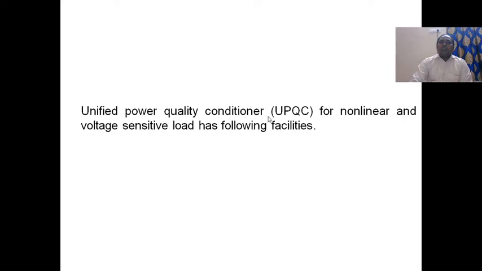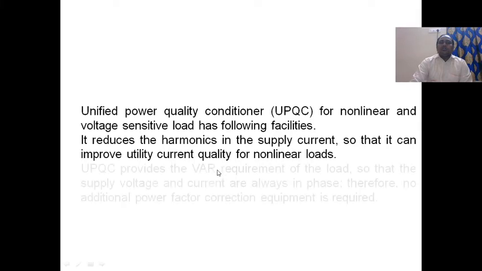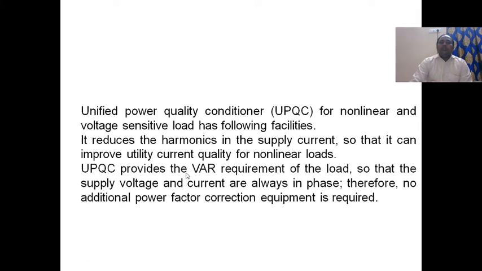The unified power quality conditioner for non-linear and voltage sensitive loads has the following facilities. It reduces the harmonics in the supply current so that it can improve utility current quality for non-linear loads. UPQC provides the VAR, volt-ampere reactive, requirement of the load, so that the supply voltage and current are always in phase.